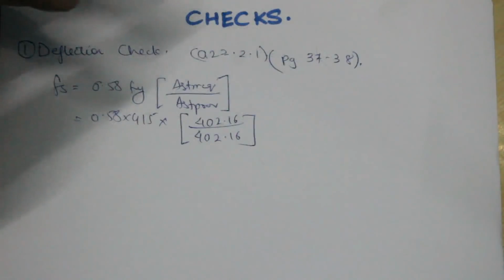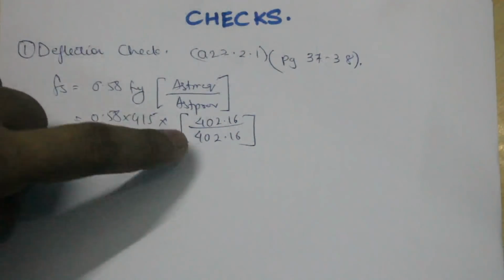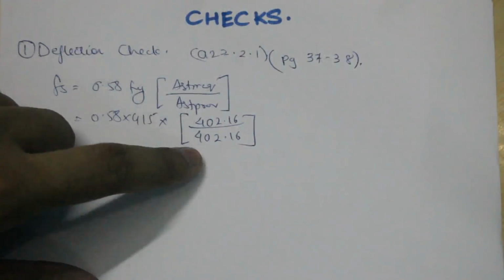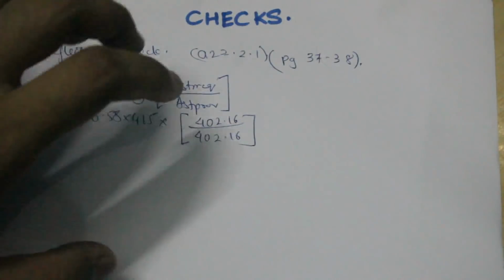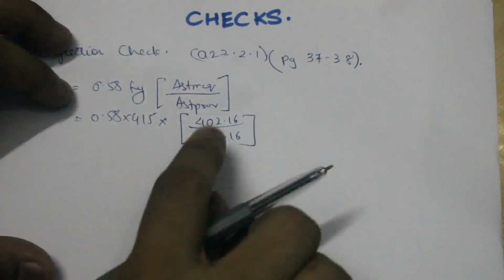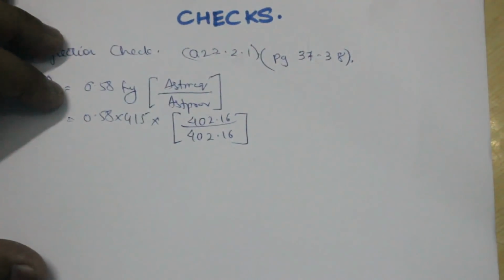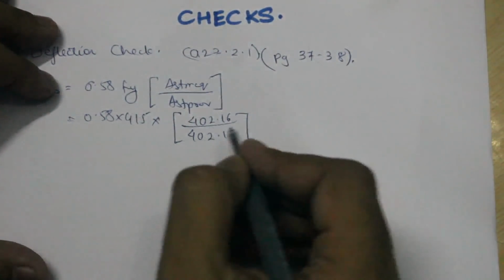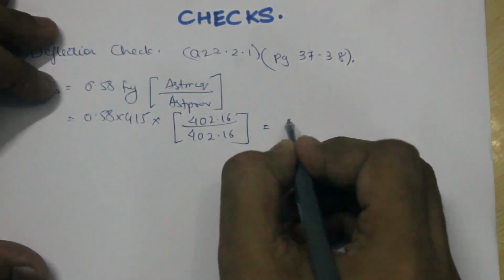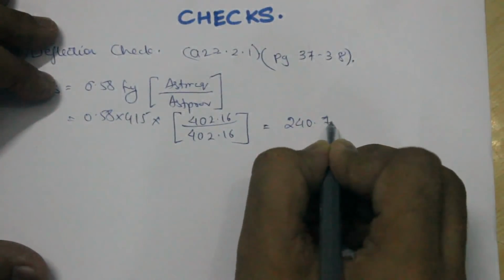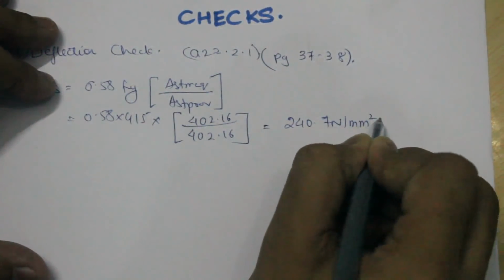You cannot increase the spacing, but you can reduce it, and if you reduce the spacing, your AST provided will increase, and the value of Fs will decrease because this ratio will decrease. If I solve this, I get 240.7 Newton per mm square.